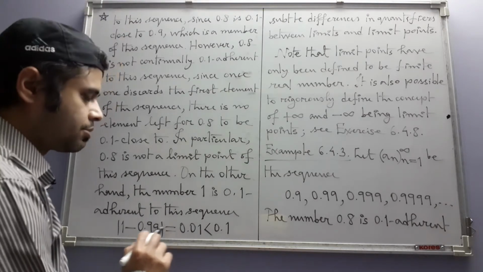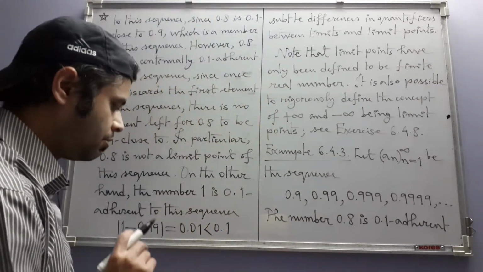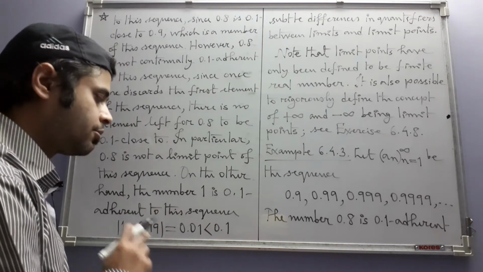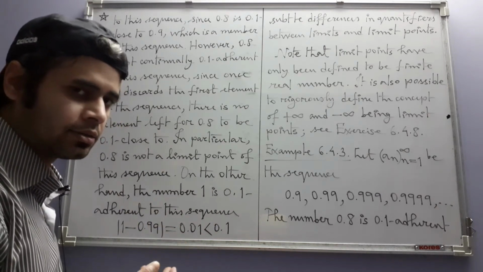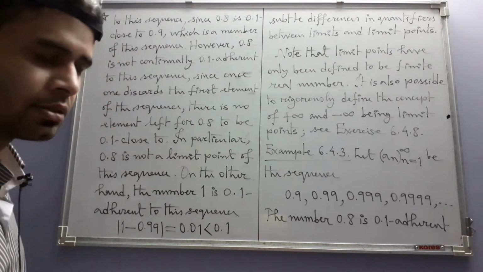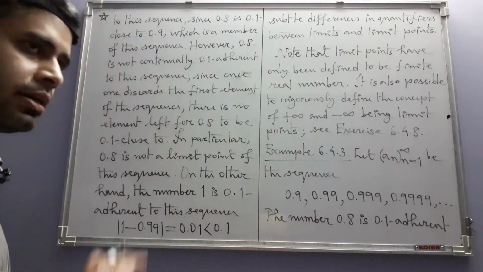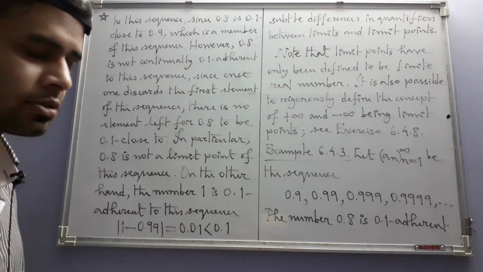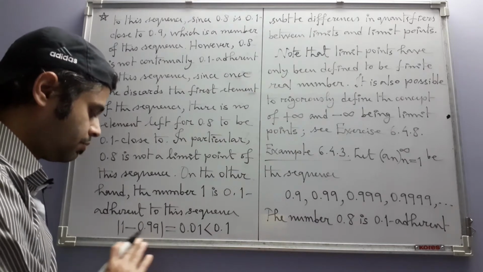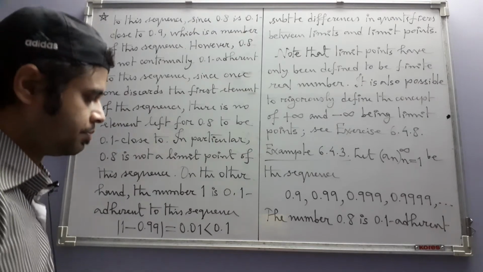This allows us to claim that 1 is not only 0.1 adherent and continually 0.1 adherent to this sequence, but continually epsilon adherent for any positive epsilon, because those differences can be made smaller than any epsilon. So you will always find something in the remaining sequence from which 1 is at a distance less than epsilon.